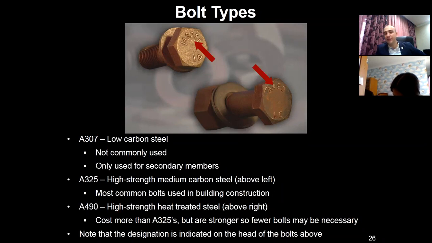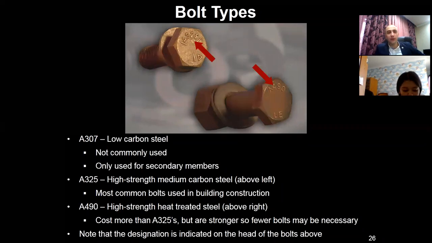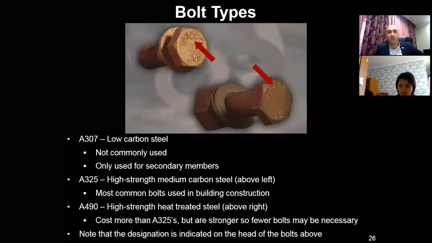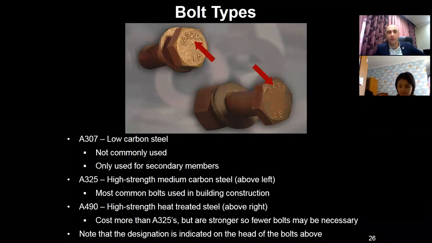It is higher strength, but after its production it was also heat treated. This heat treating process increases the quality of the construction and the bearing capacity. It becomes stronger.